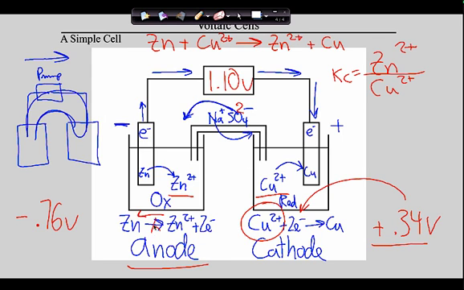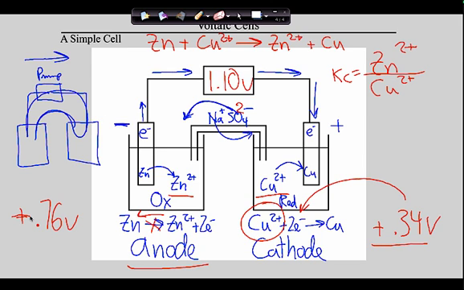Switch the arrow. But if we switch the arrow, what else switches? The voltage to positive. Now what is 0.76 plus 0.34 equal? 1.10 volts. Does that make sense?